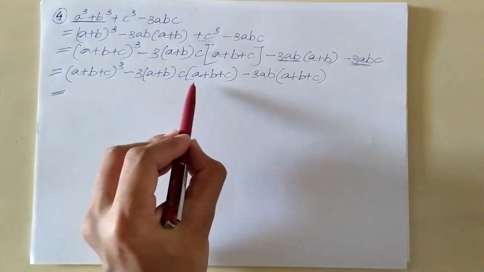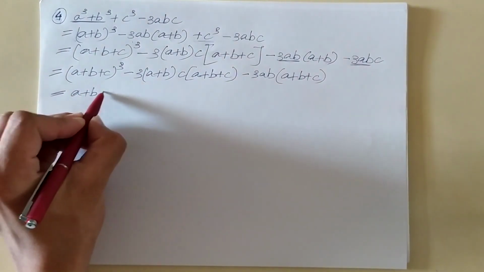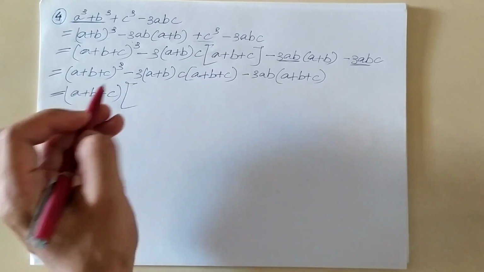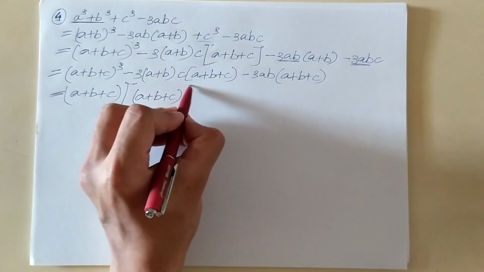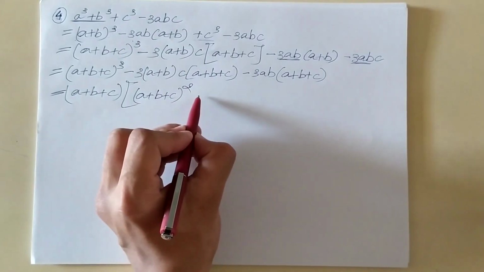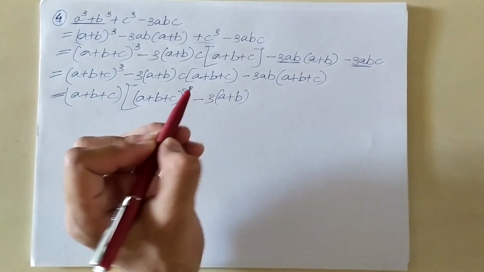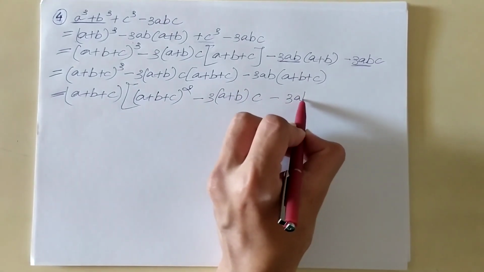Now from all these 3 terms we can take a plus b plus c common. So we'll get a plus b plus c into a plus b plus c whole square minus 3 into a plus b into c minus 3ab.